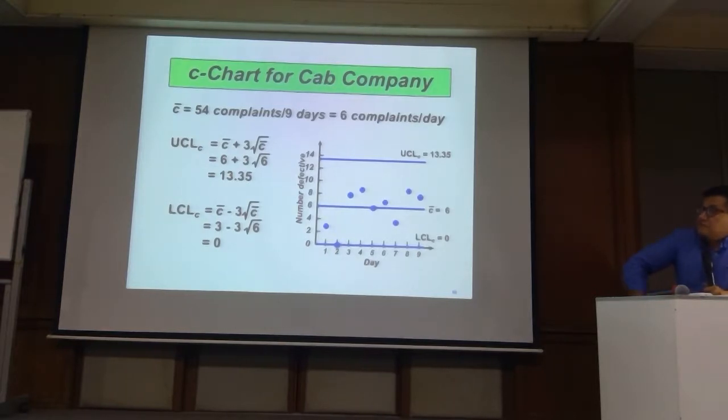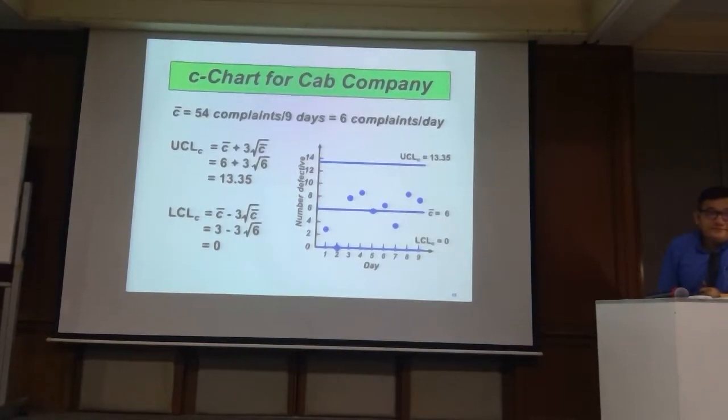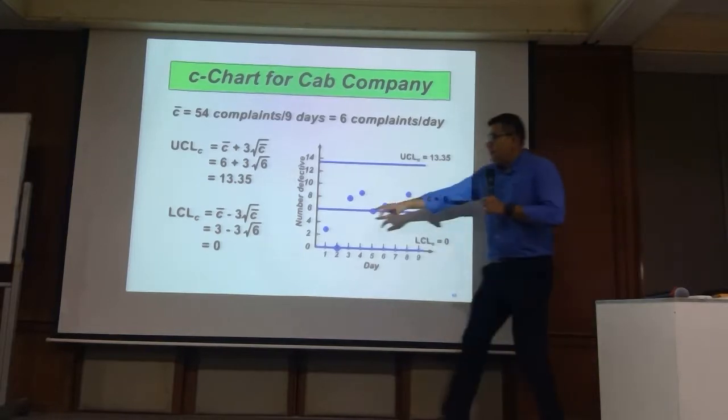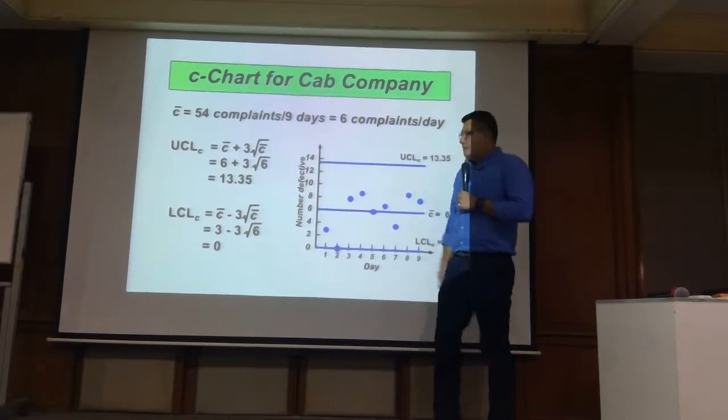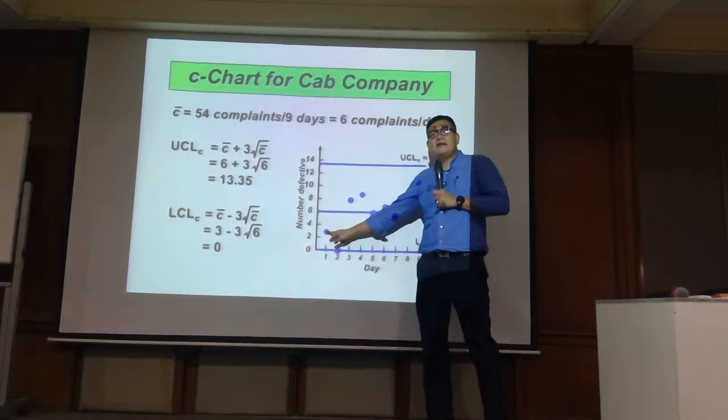In this case, we try to measure the process of customer complaints of the cab company. For the first day, we have the complaint count equal to 3, based on the public. This is the number of complaints per day. The first day, 3 complaints.